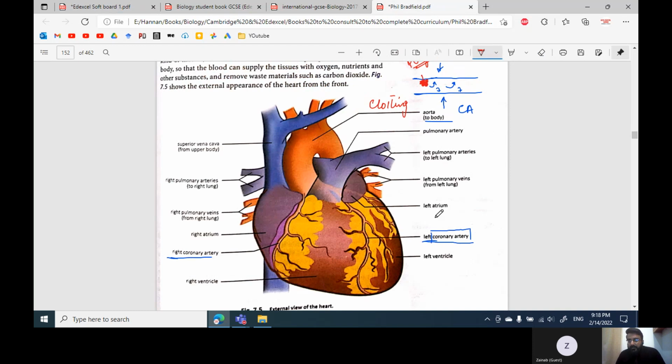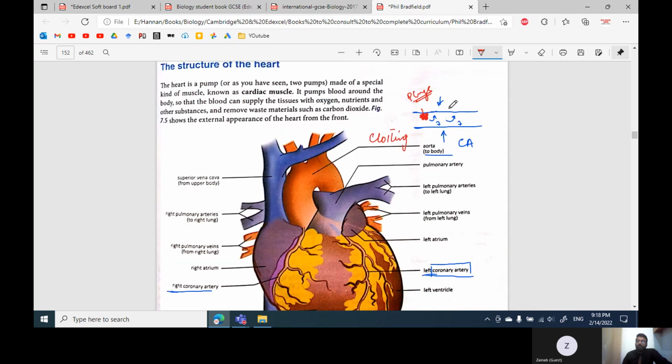If the flow of blood is affected, the clotting rate is higher. And sometimes some persons do not even have a fat plug inside their heart. They have a blood clot inside their coronary artery.